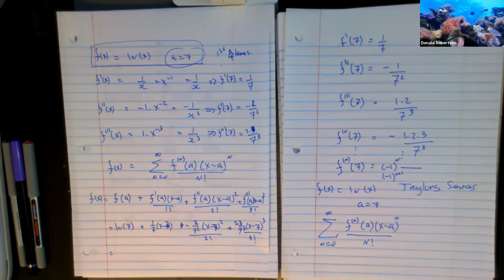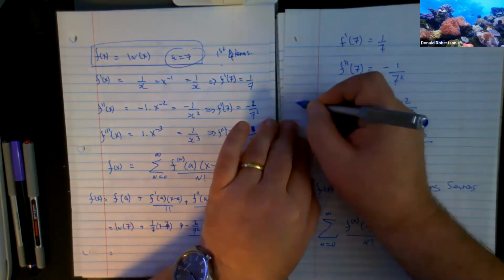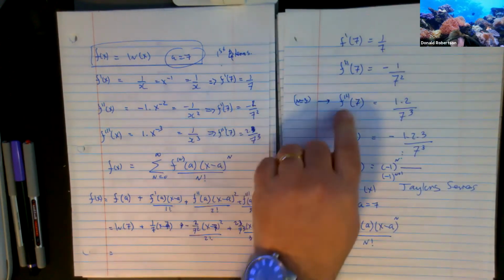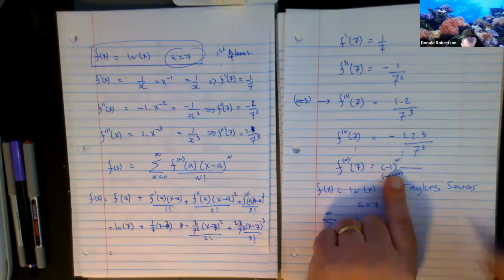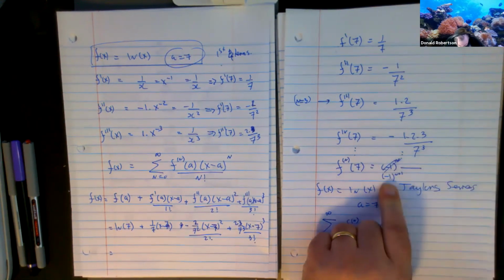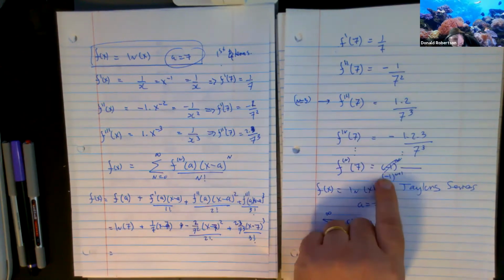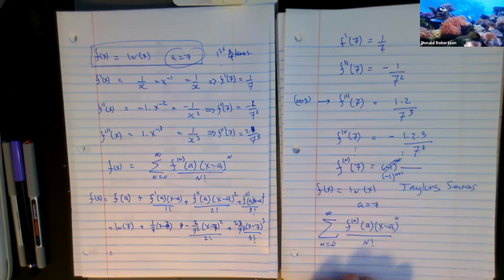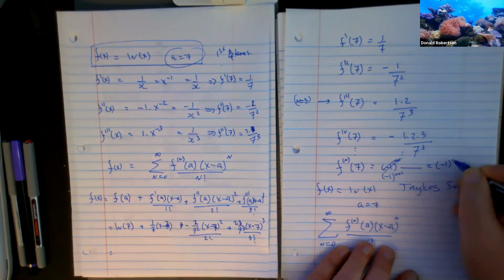To figure out which one works, why don't I just randomly choose n equals 3, the third derivative. If you plug 3 into the first one, won't you get a negative answer? So it's not that one. If you plug 3 into the other, don't you get a positive answer? Because negative 1 to the 3 plus 1 is negative 1 to the 4, it's positive. So I now know that I have that piece.